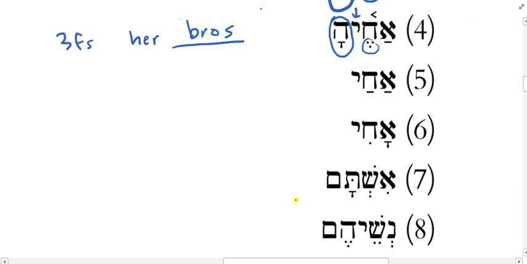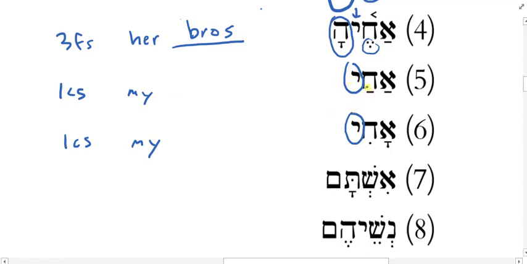Okay, look at number 5. Achai. The pronoun is yod here for both of these. Which person, gender, number is that? Yes, first common singular for both, right? So both of these mean my, don't they? It's my either way.